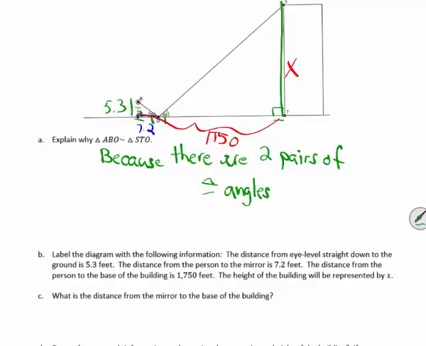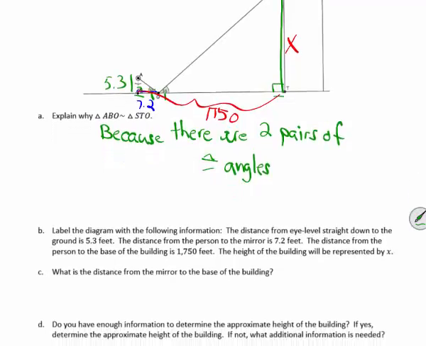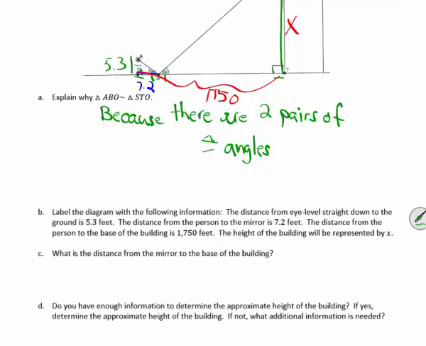So when I'm setting up my proportion, let me move this up a little bit, I have 7.2, and then I have this distance, but what I have here is I have the entire thing, and I have to subtract my 7.2 out because I only need this part. That's the part that I need. So I'm going to do 1750 minus 7.2.